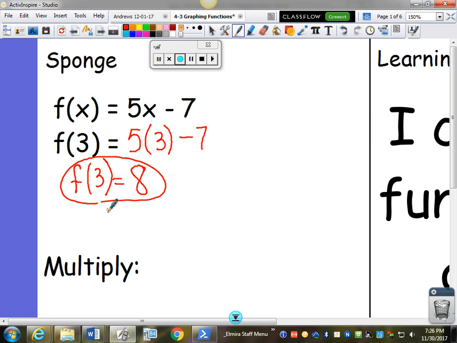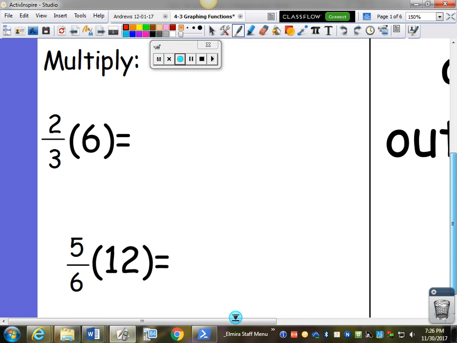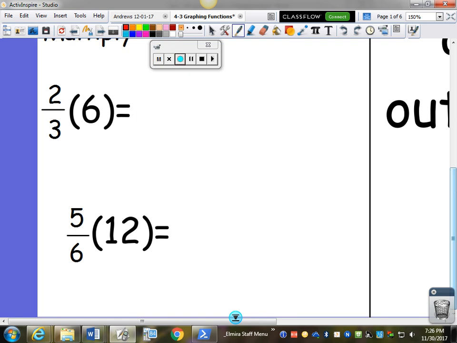The other thing that we have to remember how to do is multiply fractions. So don't forget that on your calculator you have that 2 and you have the A B C button and the 3, and then you can hit the times key and 6.